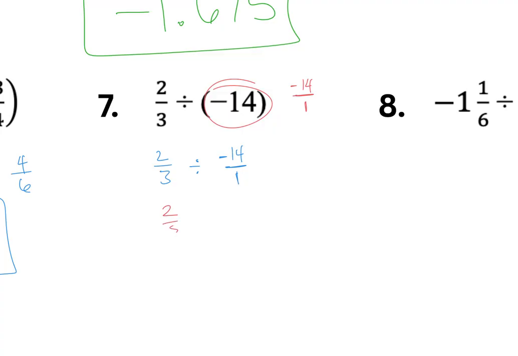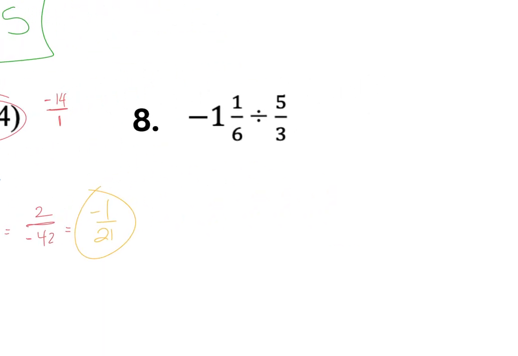And now we're going to have 2/3 times 1 over negative 14. So that's 2 over negative, is it 54? Hang on, why can't I think right now? That's 12, 1, 42, negative 42. Divided both by 2 to get negative 1/21.